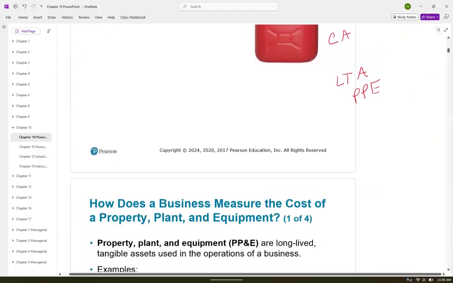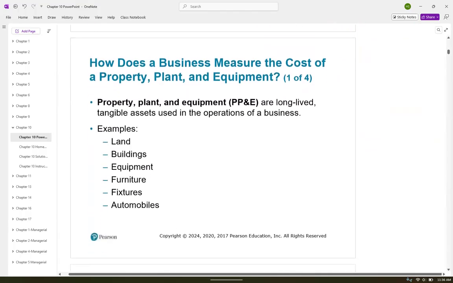Up to this point, we just kind of always said, hey, this is what we purchased it for. But you realize if you've ever bought a house or a car, there's a lot more that goes into those assets than just the purchase price. Some of these are very easy.